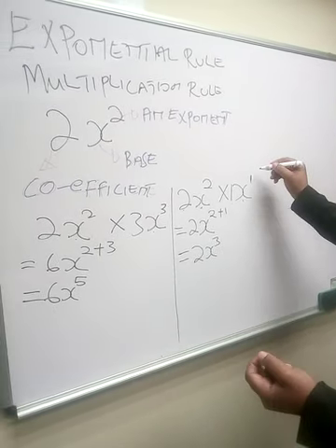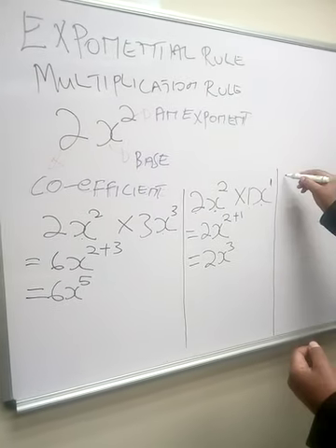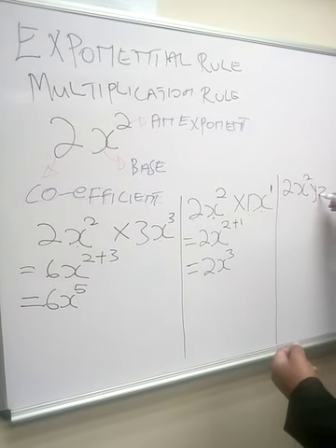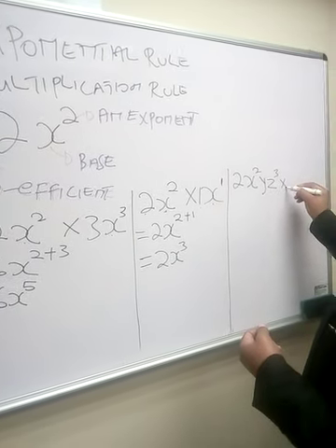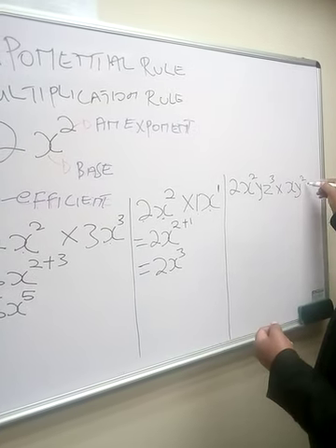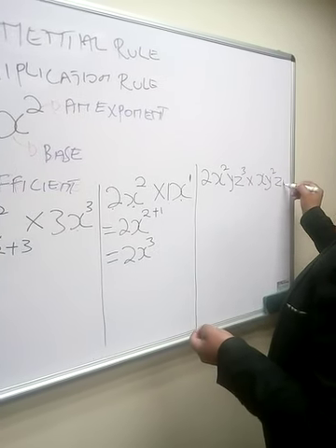Let's do another example, which is a bit more complex than this. Let's say this time around we are having 2x squared yz to the power of 3 times x y squared z m.